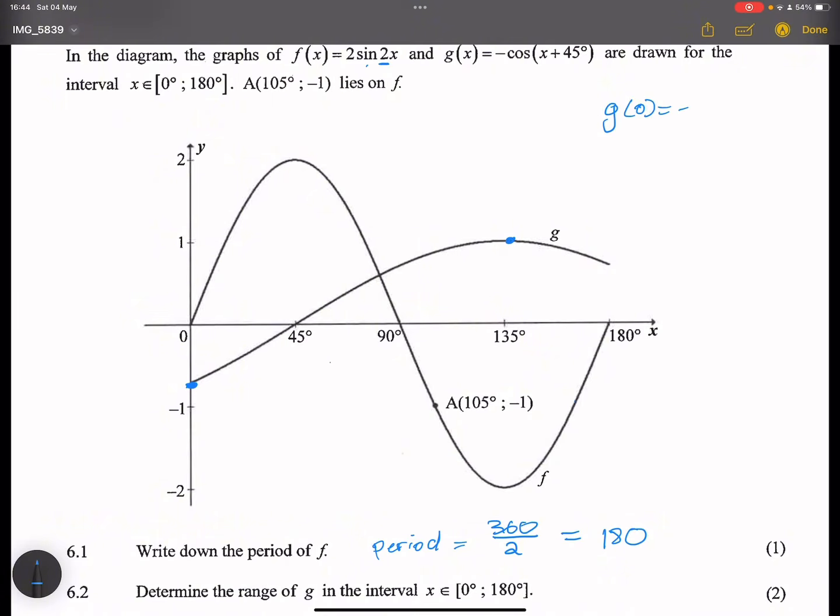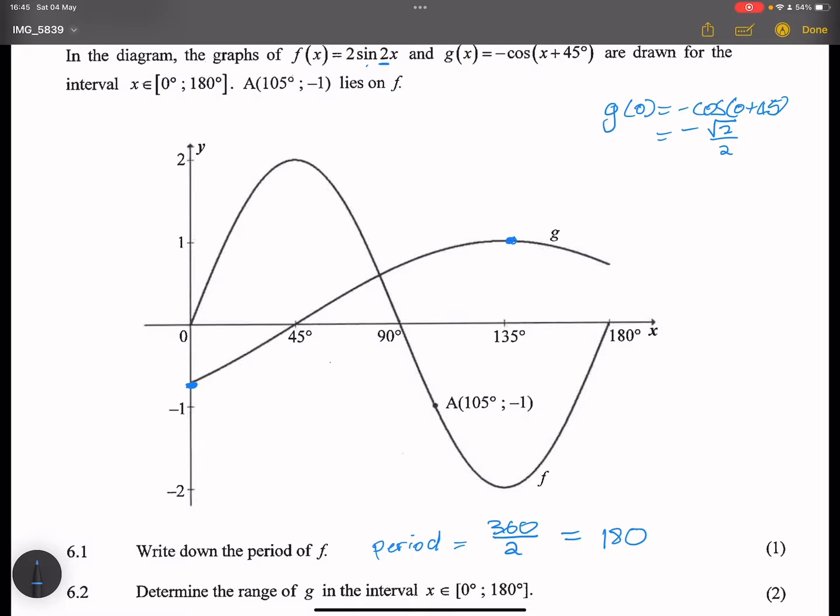So that will become minus the cos of 0 plus 45, which is 45. Okay, and if we take negative cos of 45, you'll see that this gives us 1 over root 2, or rather root 2 over 2. So that would be minus square root 2 over 2. Okay, and the maximum value is 1.